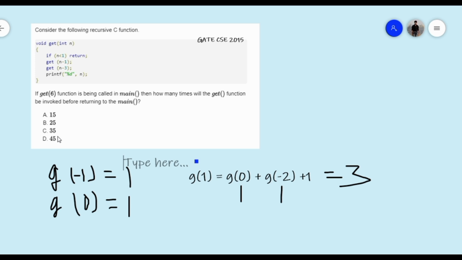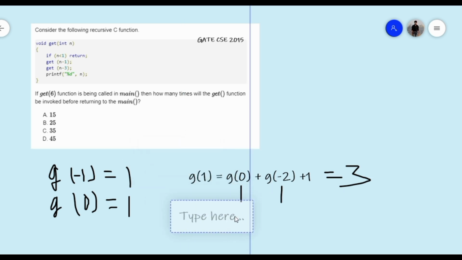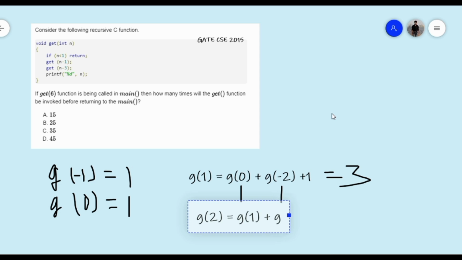Now for g of 2, what will be the function calls? n minus 1, which means g of 1, and n minus 3, which means 2 minus 3 will be -1, and this g of 2 itself, so one function call is this.